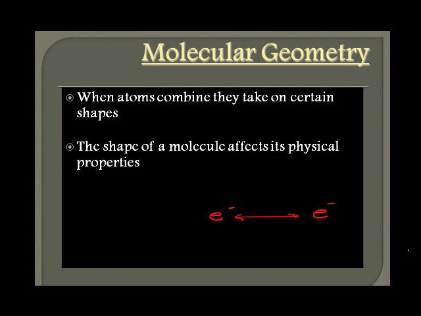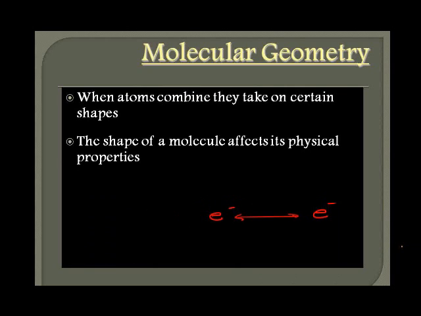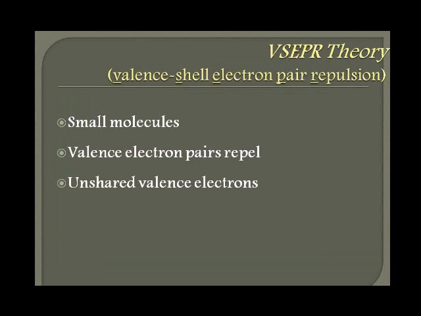The shape that a molecule takes is going to affect some of its physical properties, especially the melting point and boiling point of the substance. To describe molecular geometry, we use the VSEPR theory, the valence shell electron pair repulsion theory.